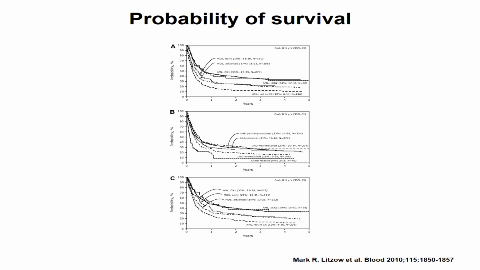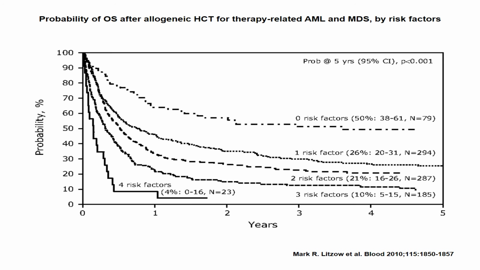This data was published by Mark Litzow from the registry, again looking at patients with therapy-related MDS or AML, and he was able to identify a number of factors that predicted or were relevant in the outcome of these patients.